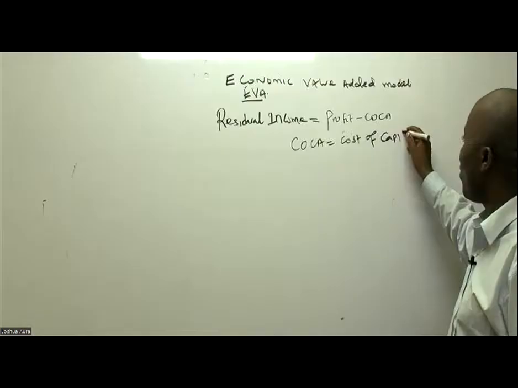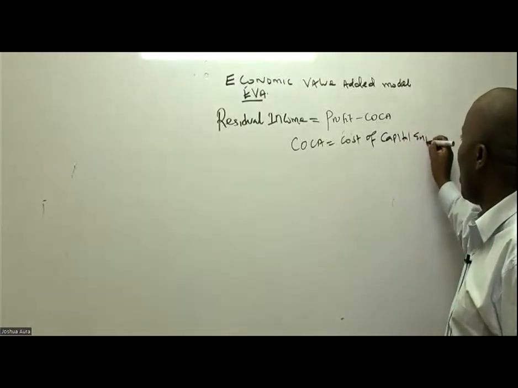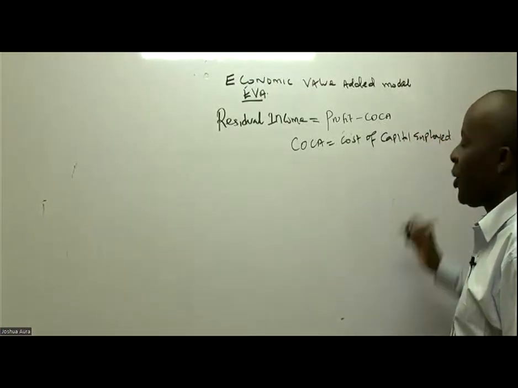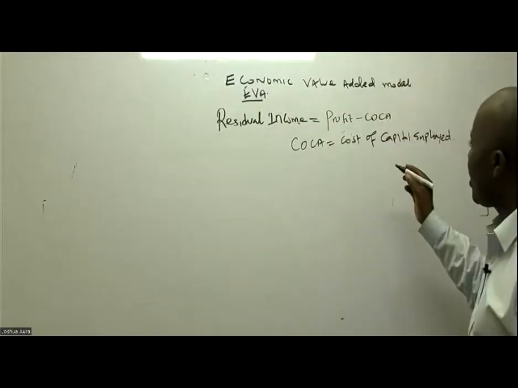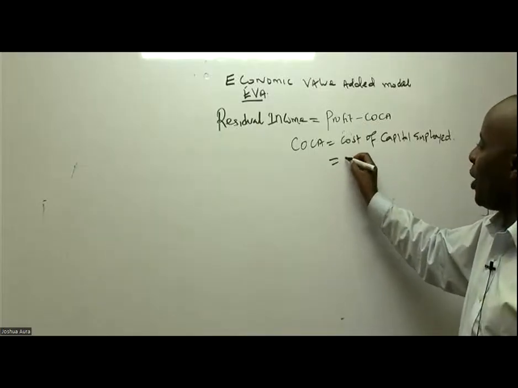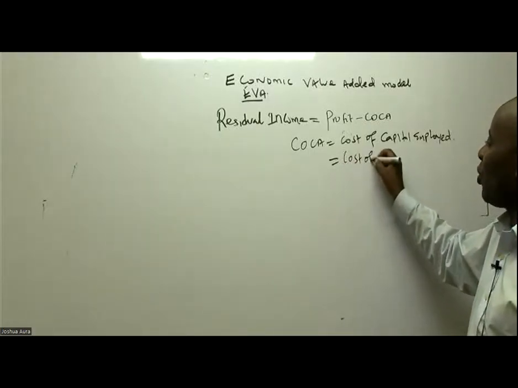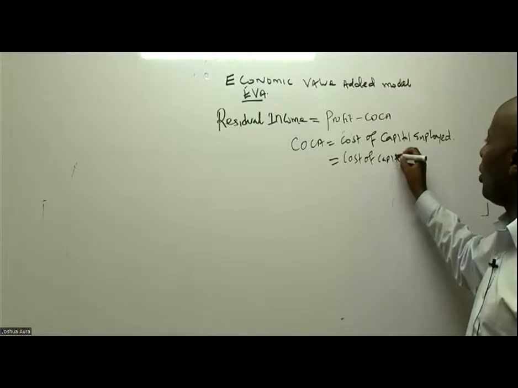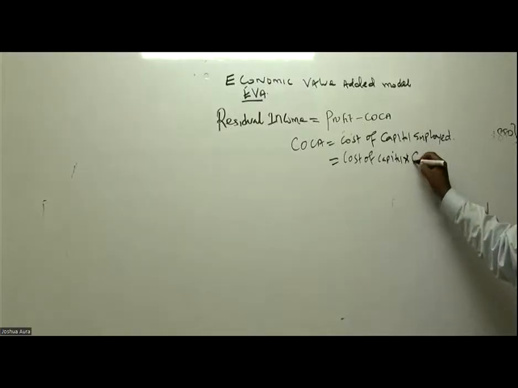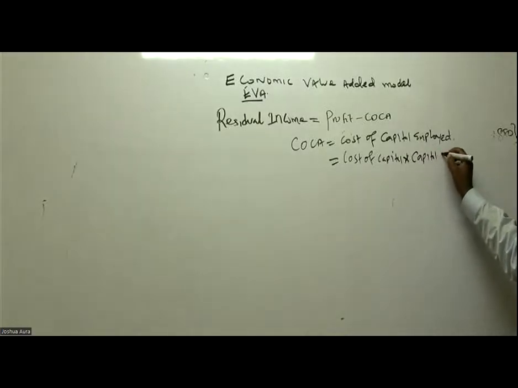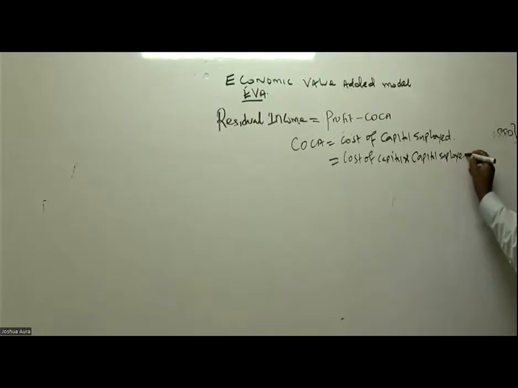Cost of capital employed. So remember, to get this cost of capital employed, at times the examiner will give you the cost of capital, times the capital employed at the beginning of the year.